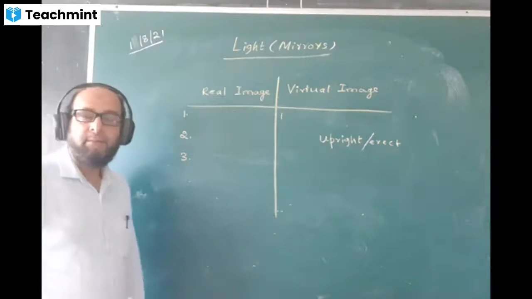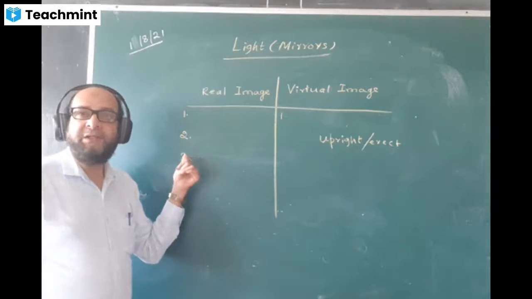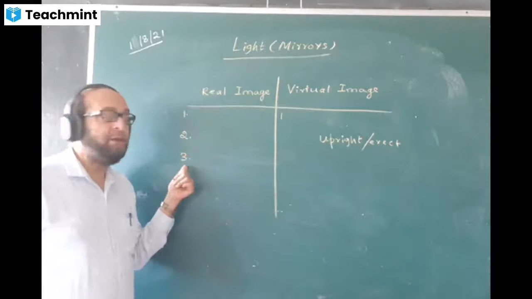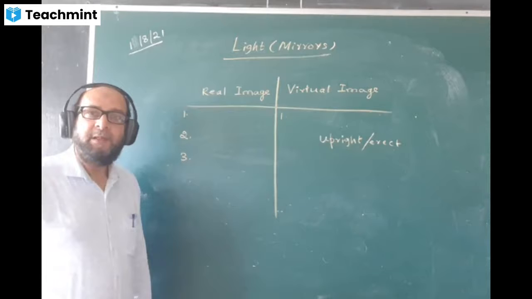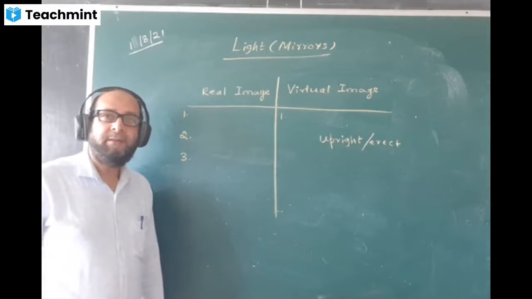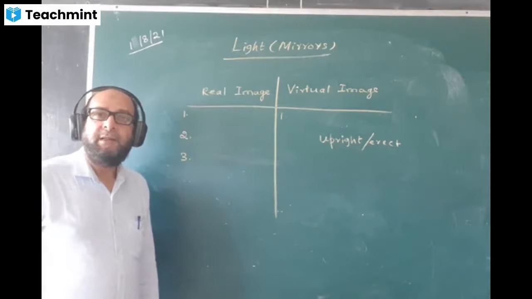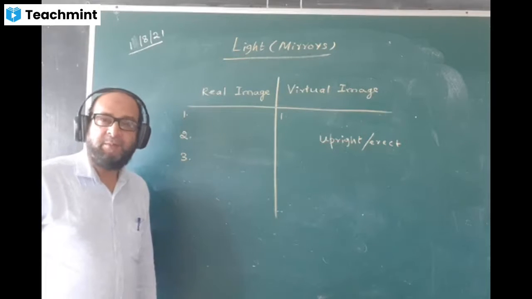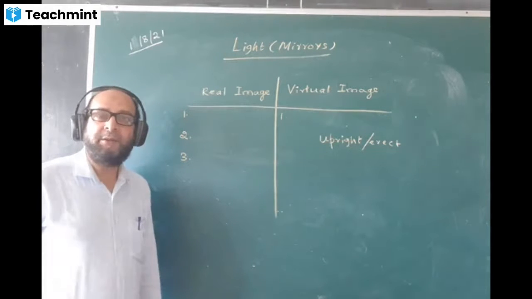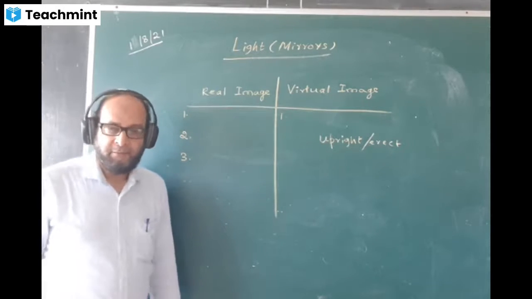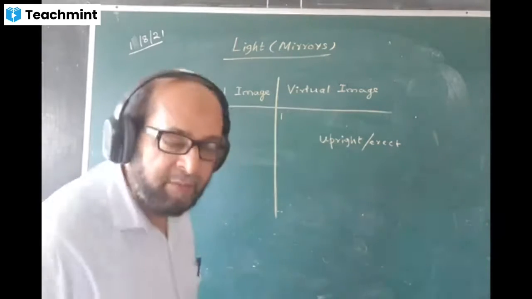Now point number 3. It can be obtained on the screen. And here you write, it cannot be obtained on the screen. Finished? So these are the two types of images.